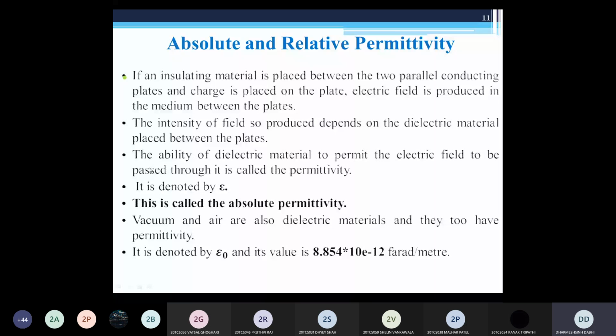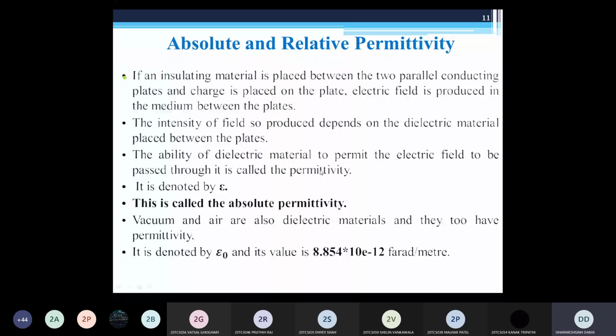It is nothing but ability of the dielectric material. When I say the dielectric material, it means it is an insulating material. So ability of the dielectric material to permit the electric field to be passed through it is called the permittivity. It means if flux is passing through any insulating material, that gives the permittivity of that insulating material.